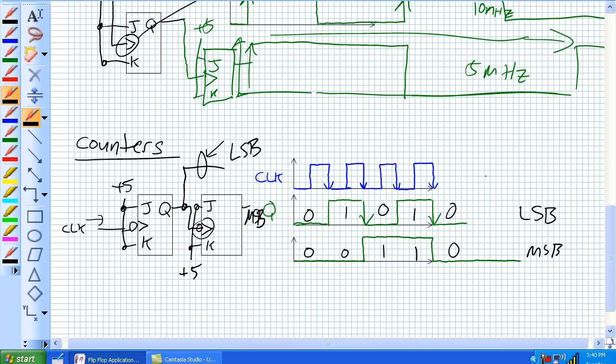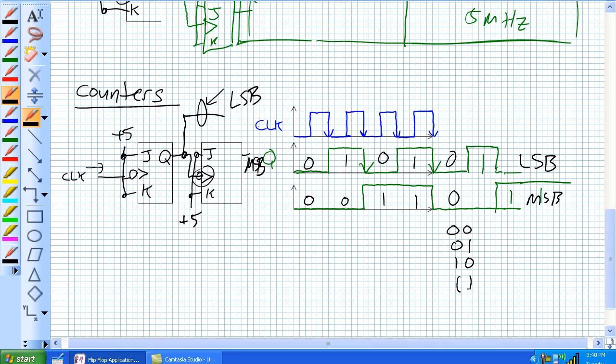And if we kept this thing going, 1, and this would actually go back up to 1 right here. What you get is this progression. 0, 0, 0, 1, 1, 0, 1, 1, back to 0, and it counts back.